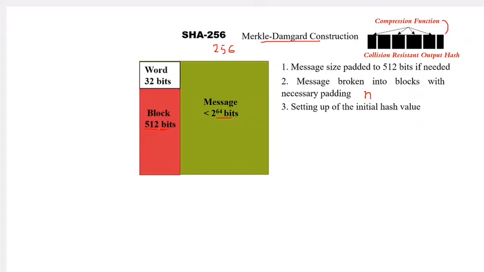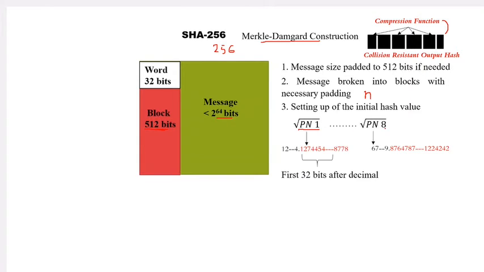Then an initial hash value is computed: the square roots of the first 8 prime numbers are computed, and the first 32 bits after the decimal of each result are taken as the initial hash values. So we get 8 initial hash values.